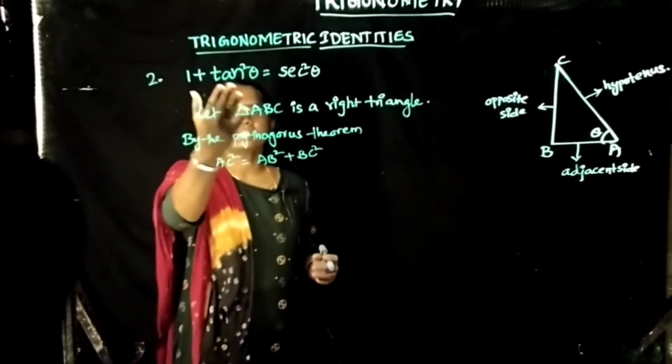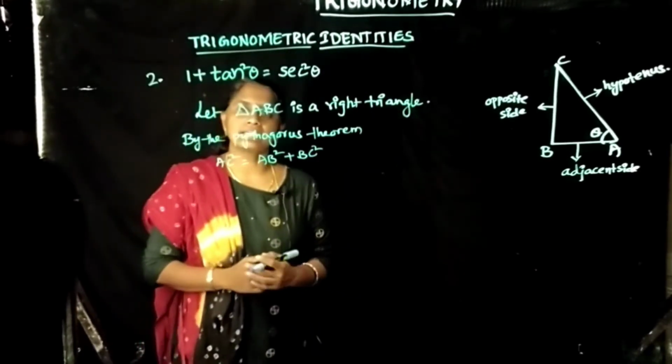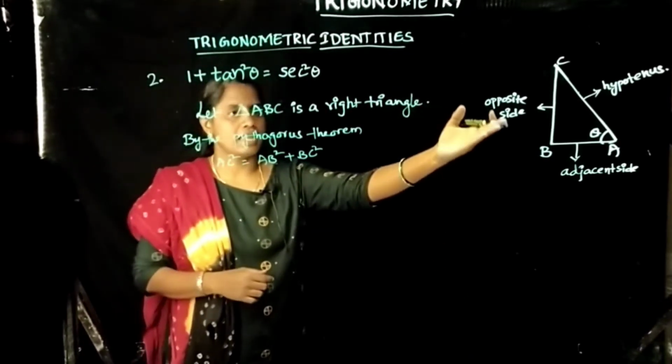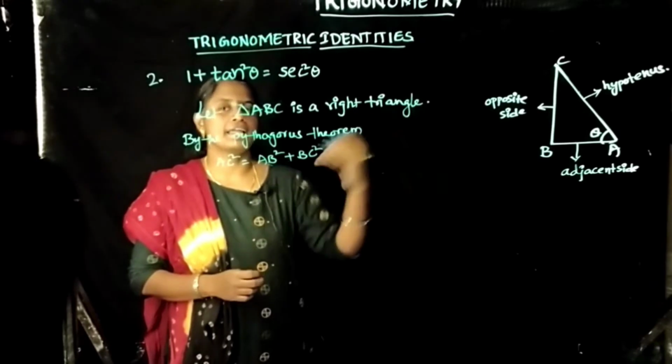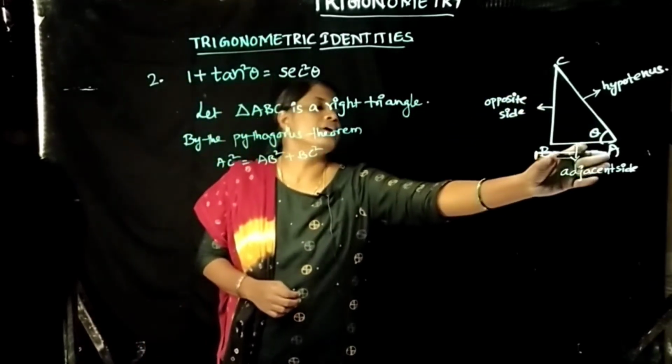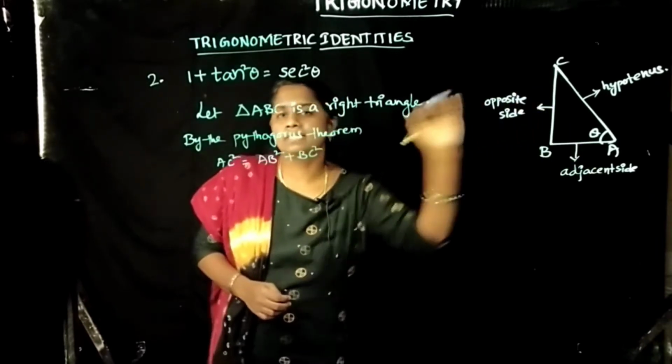Here 1 plus tan square theta is equal to secant square theta. It is the second identity. Let triangle ABC be a right angle triangle. By the Pythagoras theorem, AC square is equal to AB square plus BC square.